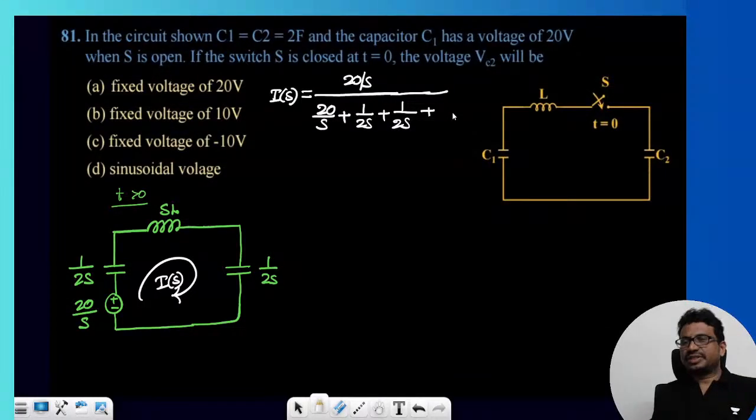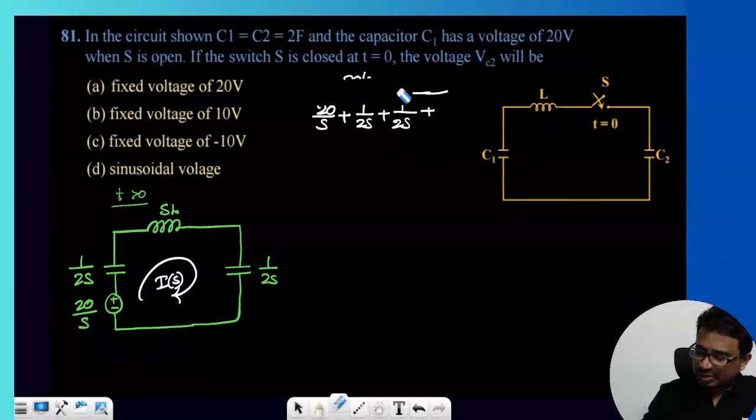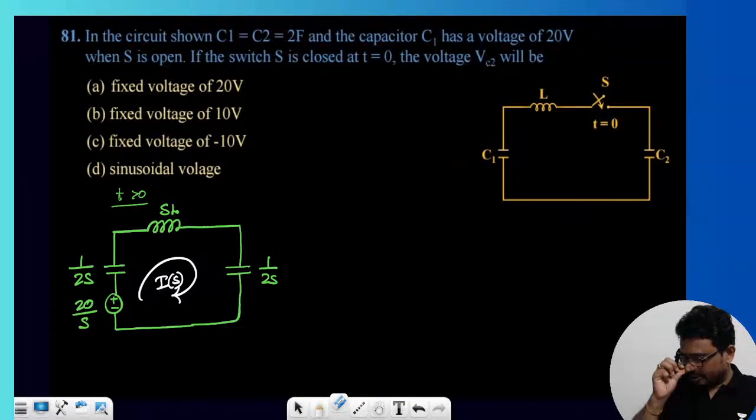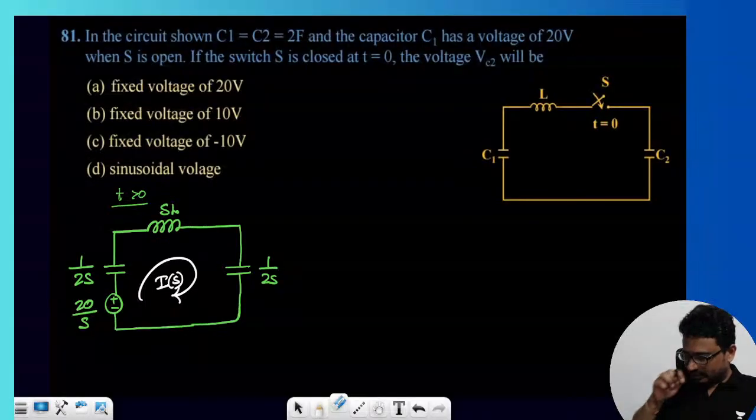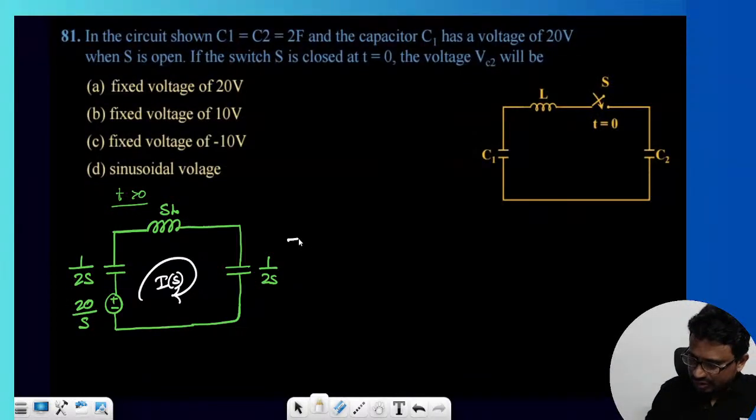Instead of that, directly we can apply voltage division instead of finding this current. We need the voltage across which element? The capacitor C2, so this voltage is required, VC2.